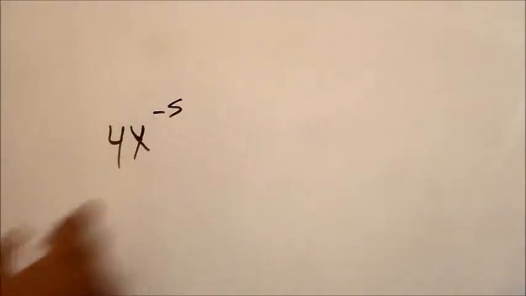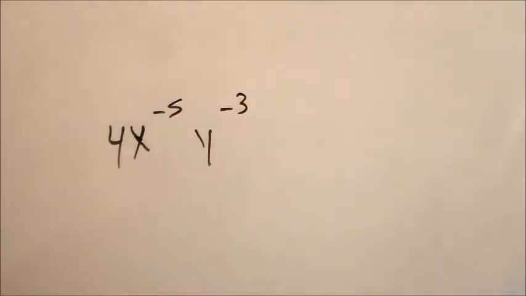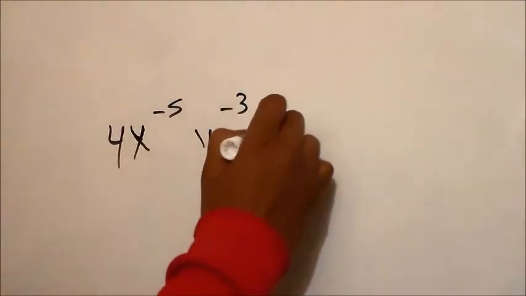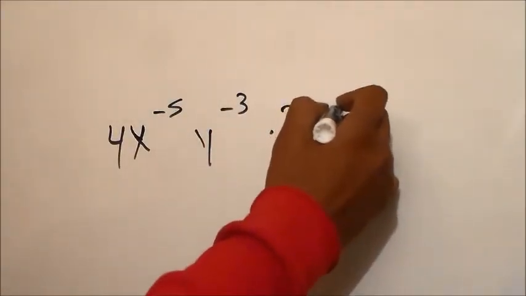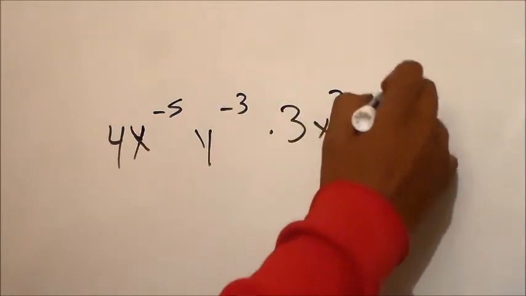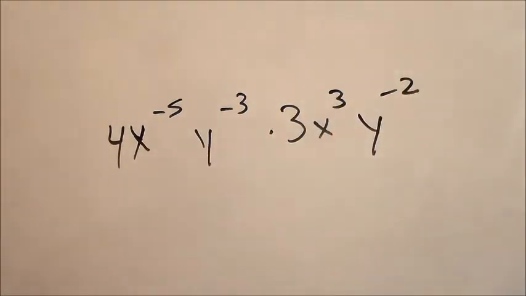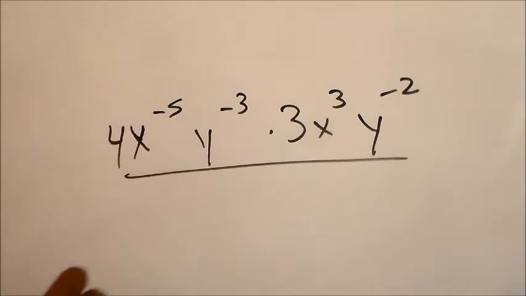Okay, so now let's do something a little interesting. Let's take 4, to the negative 5th power, y to the negative 3, times 3x to the 3rd y to the negative 2 over.